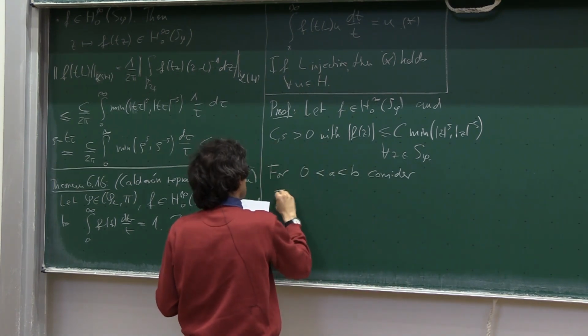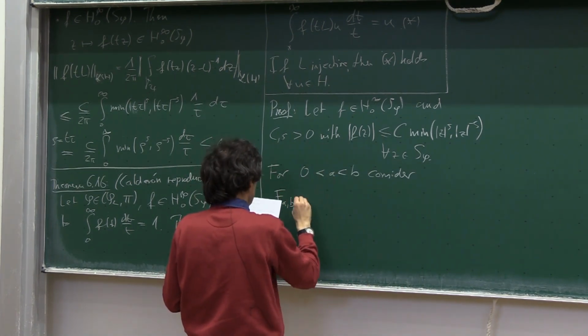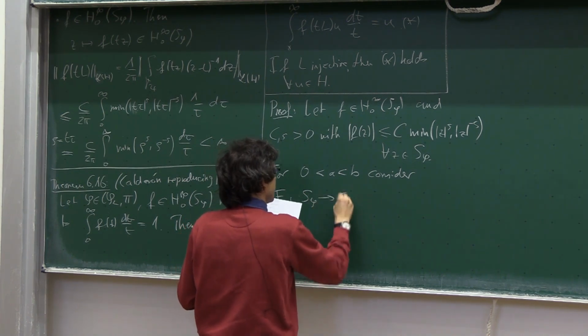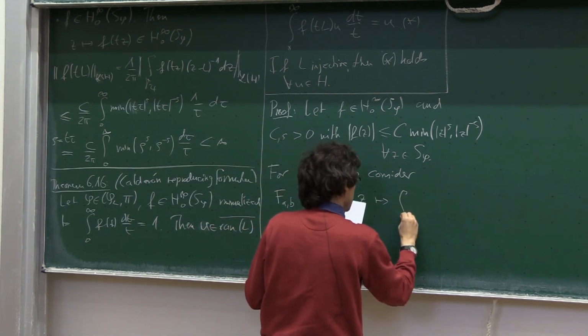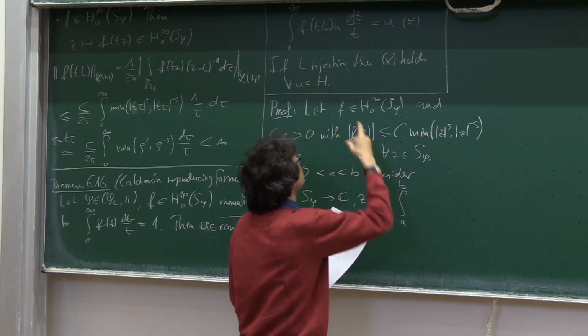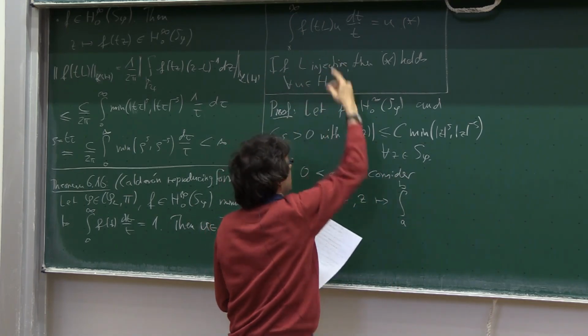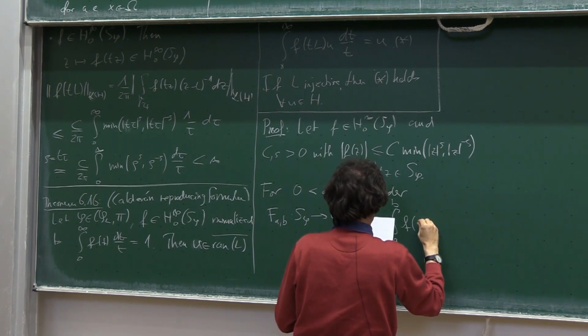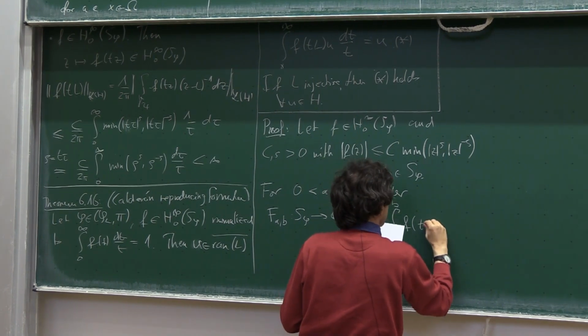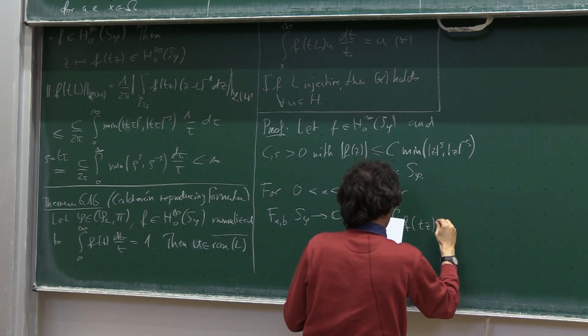So consider the function capital F a b on the sector S phi to the complex numbers that to every z assigns the integral that we want to look at, but from a to b. So a to b, f of tz dt over t.